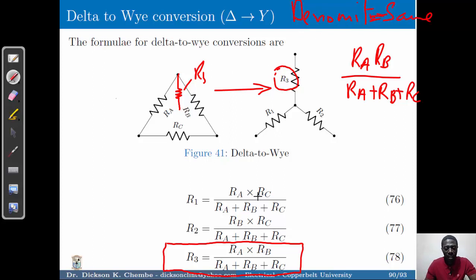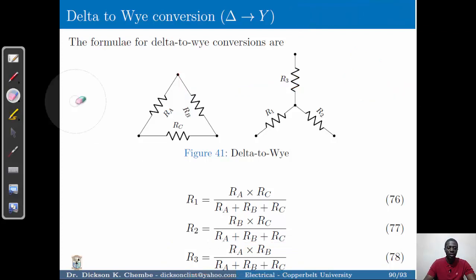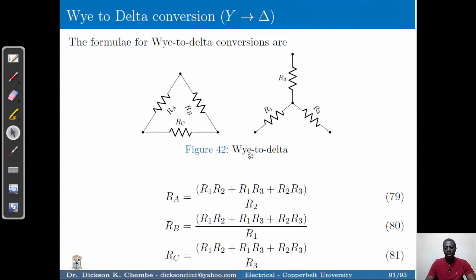This implies that RA plus RB plus RC is not changing for all the three cases that we have shown. If we come to look at the conversion from the Y to the delta, it's a little bit different.